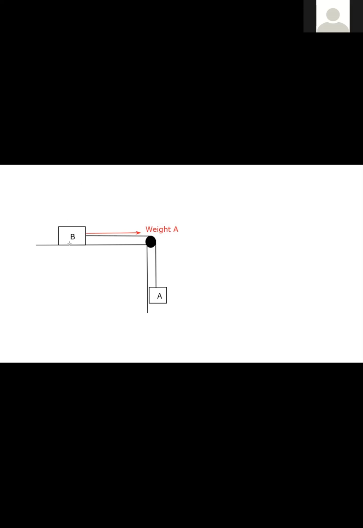The weight of B isn't moving this system at all. All that's doing is keeping B here. But the weight of A down here, that's what's moving the system.